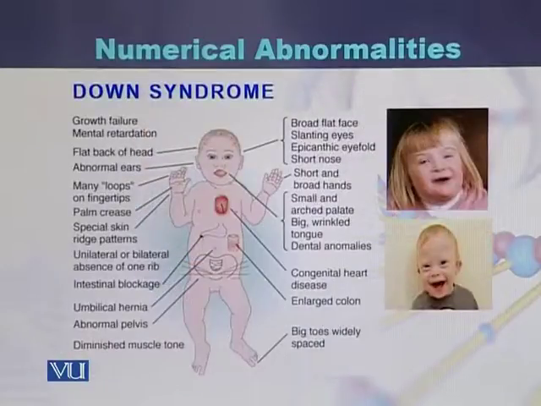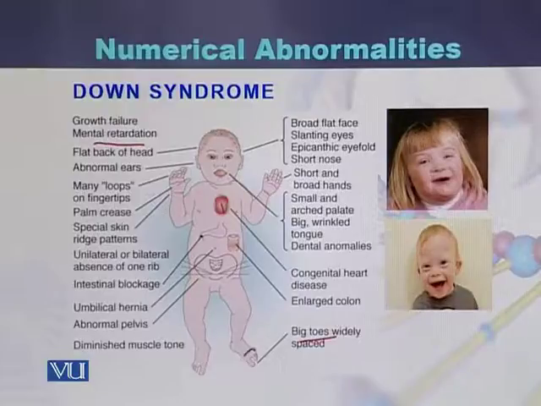These are typical pictures of individuals who have Down syndrome, and the description written shows the symptoms which are present in these individuals, like mental retardation, common abnormalities, as well as big toes.